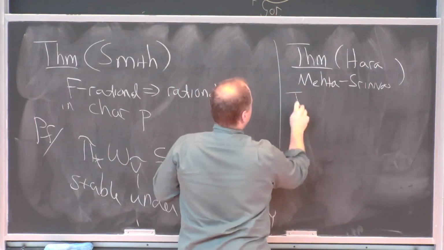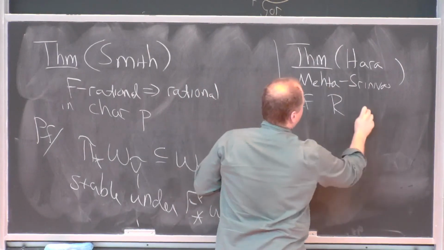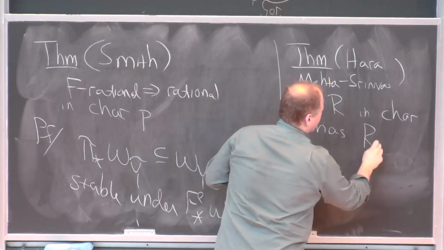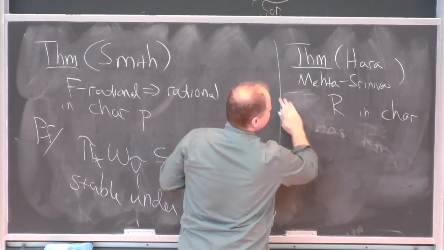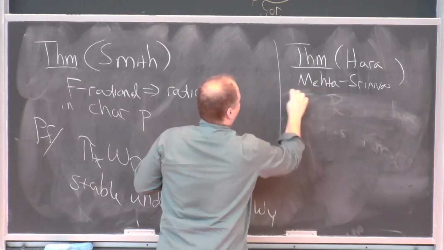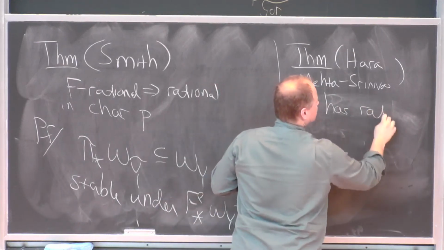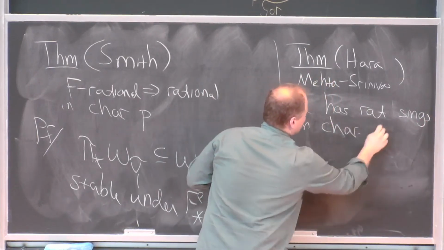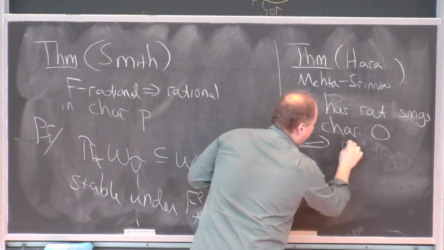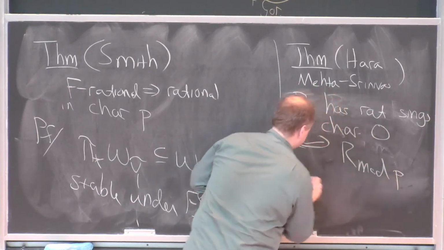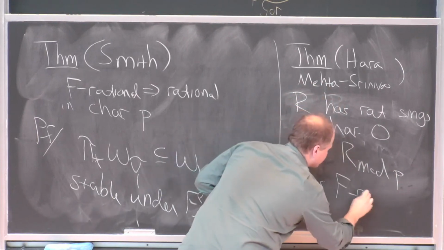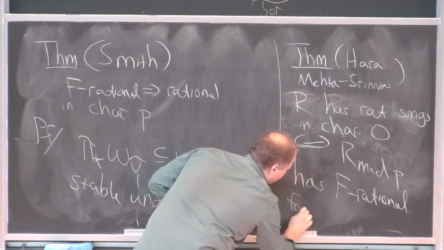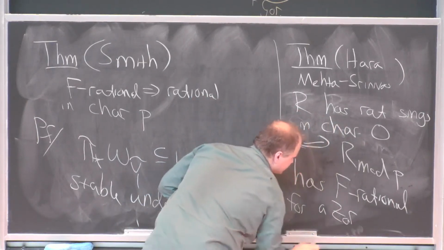And it says that R in characteristic 0 has rational singularities if and only if R mod p has F rational singularities for a Zariski dense set of models.